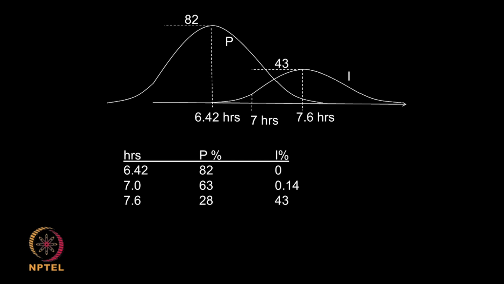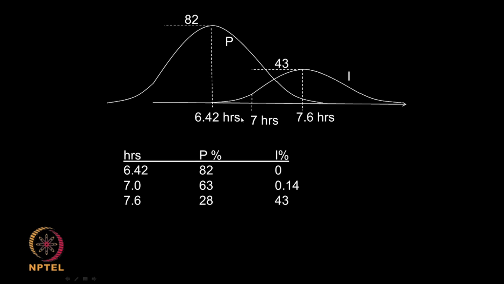If I want more of the product, that means if I collect up to this time, then I will have this much of impurity. If I collect up to this, I will have 0 impurity. If I collect up to this, I will have more of impurity. Okay. So, that is what will happen, and these data give you how these things work. For example, the retention time for the product is 6.42 hours, the retention time for the impurity is 7.6 hours.